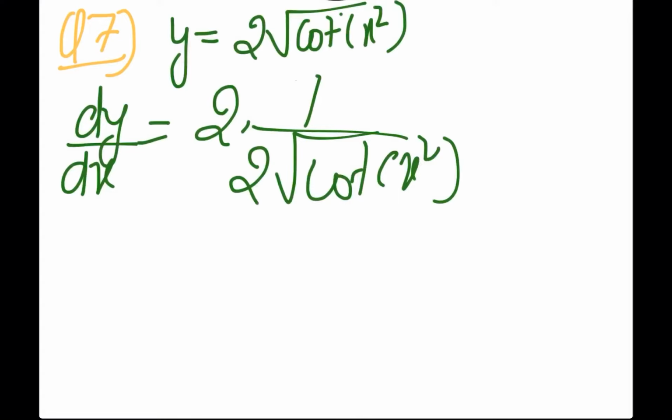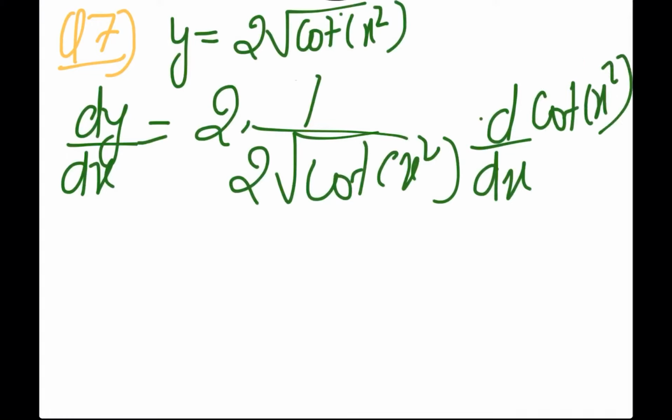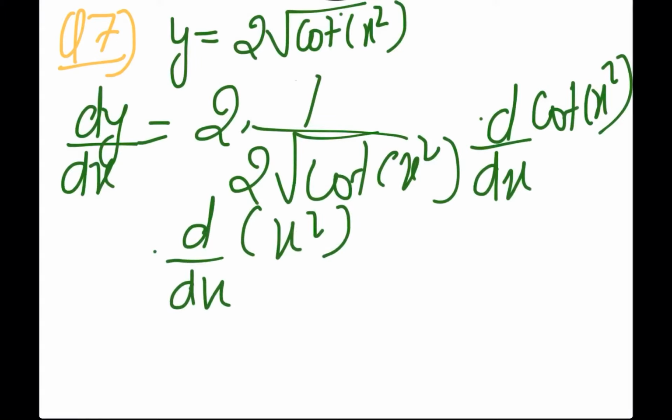Into the derivative of the function inside. The function inside is cot x square, into derivative of cot x square, into, again x square is not a standard function, derivative of x square. Fine.